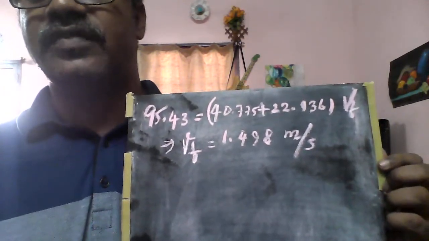This is how you have to solve impulse momentum principle problems. In this variety of problems, you will be given the time to find the final velocities. In kinetics, from the beginning we have seen kinetics using Newton's second law.